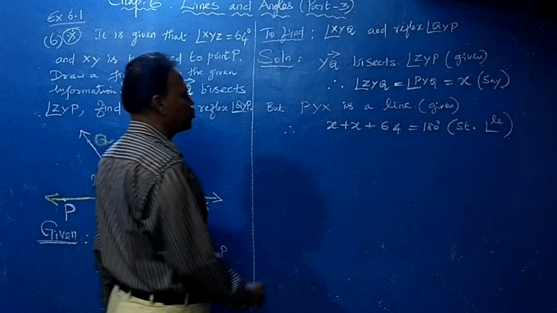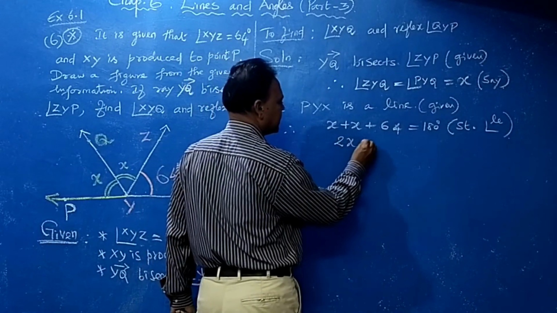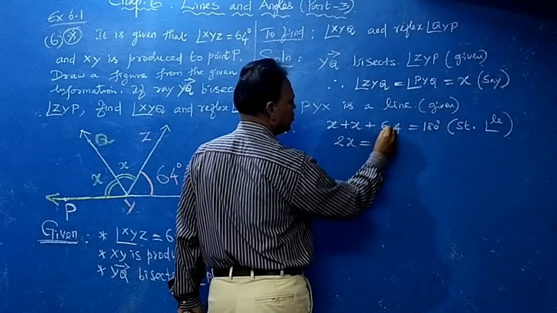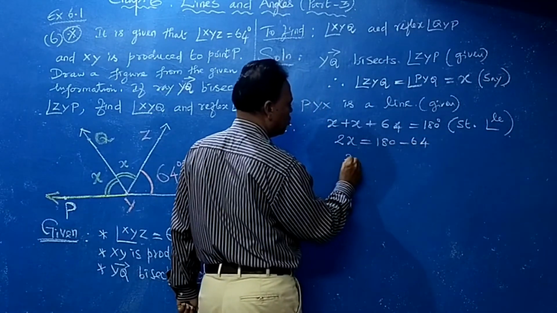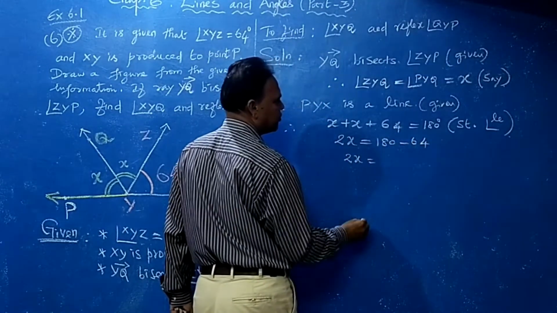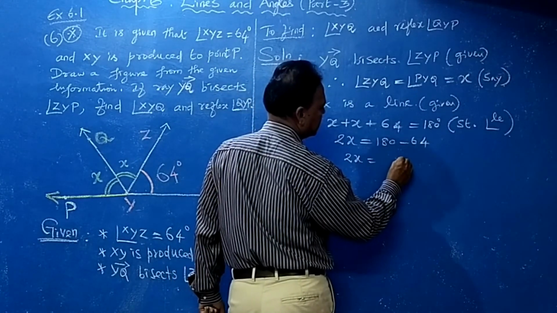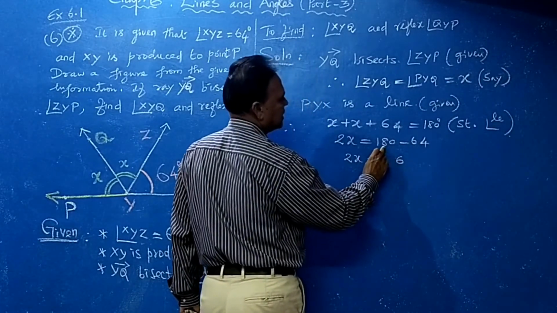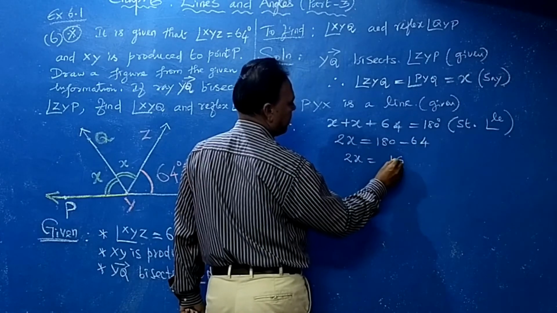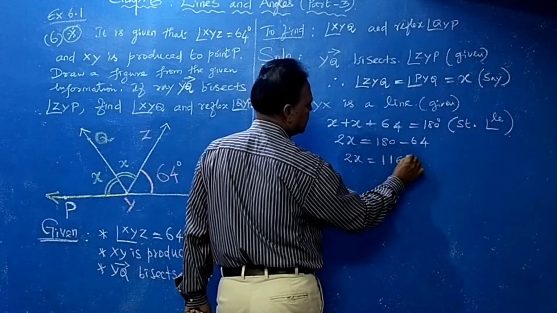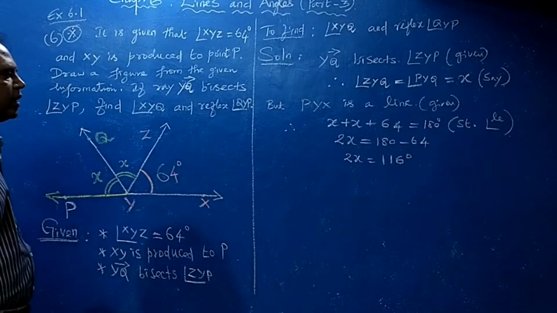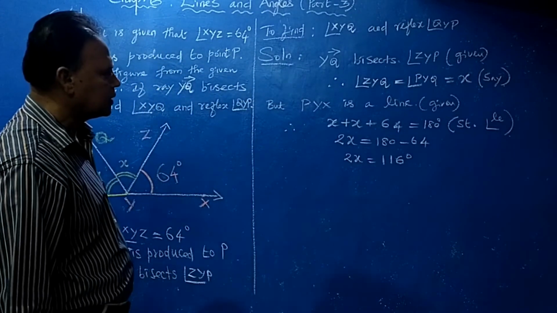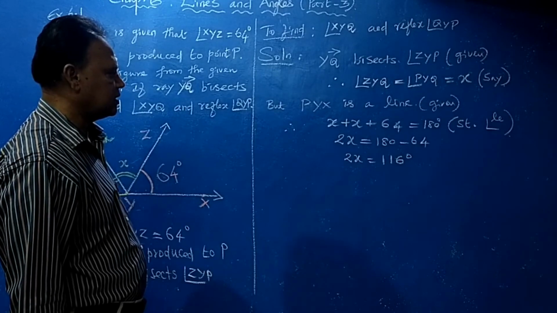Now x plus x is 2x, and bringing 64 to this side, 2x is equal to 180 minus 64, which is 116.